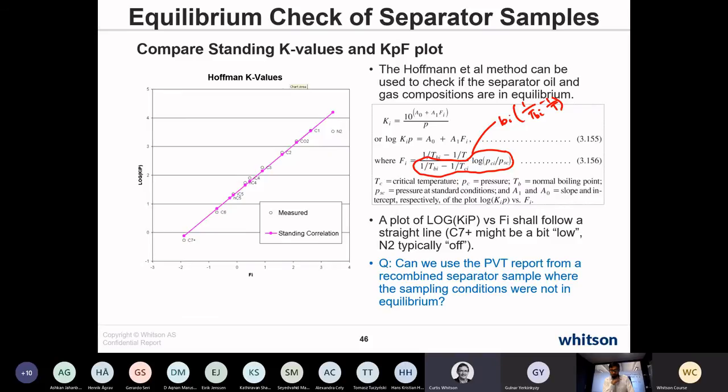Maybe they were collected with a time difference. There could be a lot of reasons they're not in equilibrium. So that would be a way to find out what the known equilibrium composition should be, what should have been in those bottles if they were collected consistently at the same time.